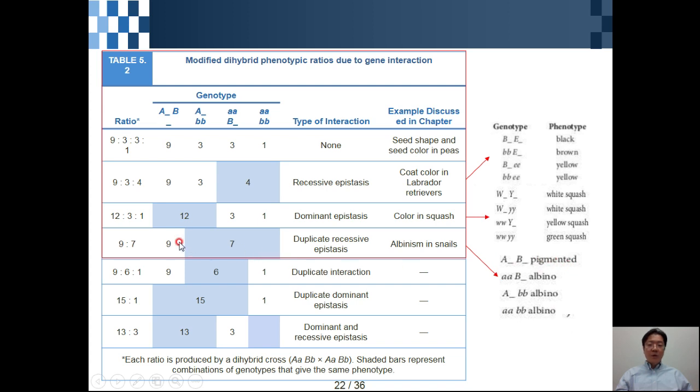The ratio will be 9:7. And also there is the interaction, but in this genetics class, we will not cover this one. We only cover recessive epistasis, dominant epistasis, and duplicate recessive epistasis.